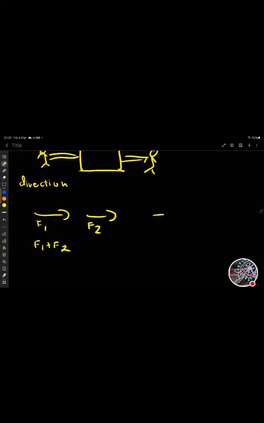However, let's say they're acting in opposite directions. It's supposed to be F1 minus F2 or F2 minus F1. This should be when F1 is greater than F2. This should be when F2 is greater than F1. I can just represent them by the length of the arrows and find out which is greater and then not write all of this. But just for no confusion, I'm doing this. Alright? Everyone got it?